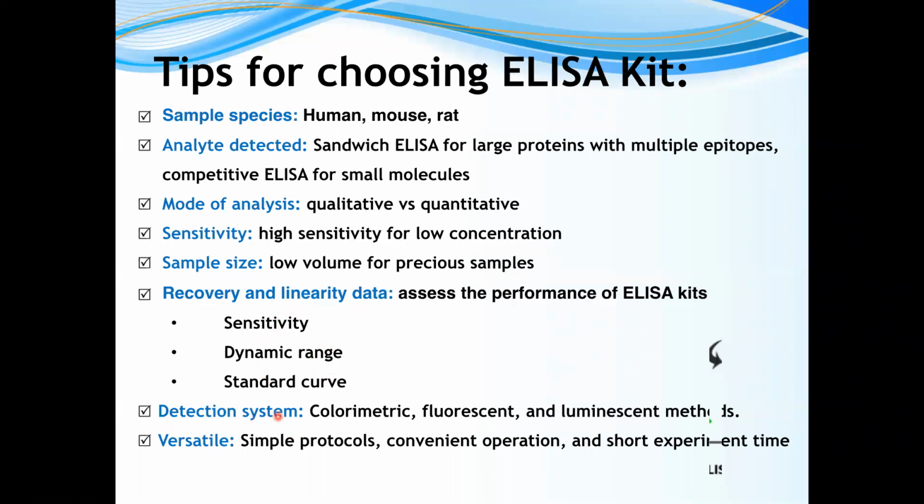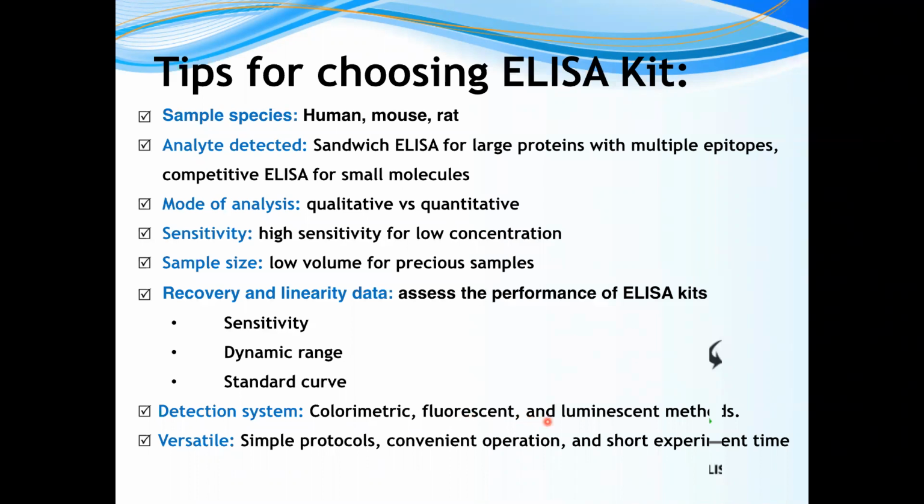Then comes the detection system. There are several different detection systems in ELISA, including colorimetric, fluorometric, and luminescent methods. All ELISA involves the immobilization of the analyte to a surface, as well as the use of the enzyme label and the matching substrate.